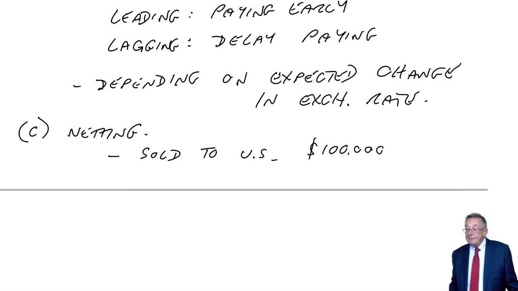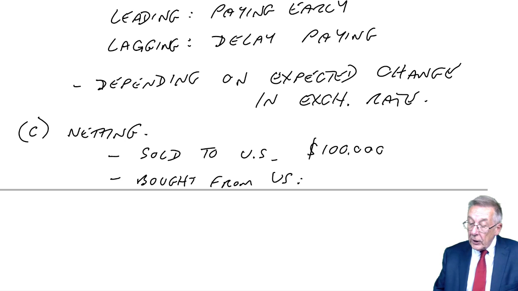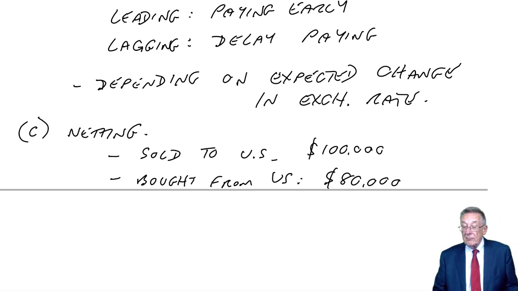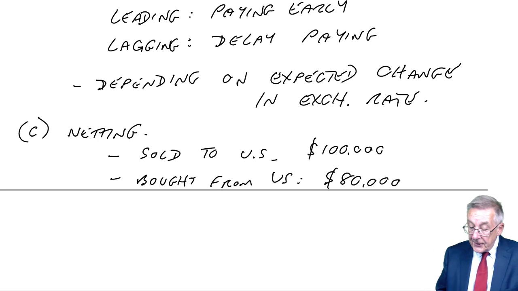We're in the UK, and we've been buying goods from the US as well. We bought from the US, and we're going to have to pay out 80,000. And in both cases, it's going to happen in one month's time.